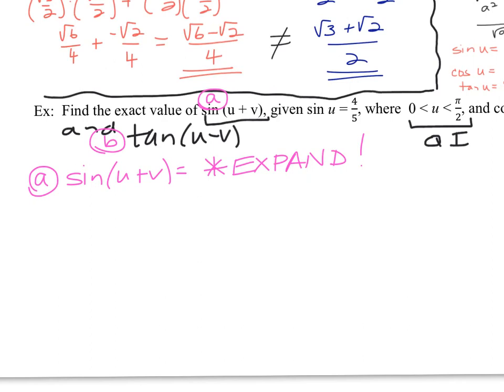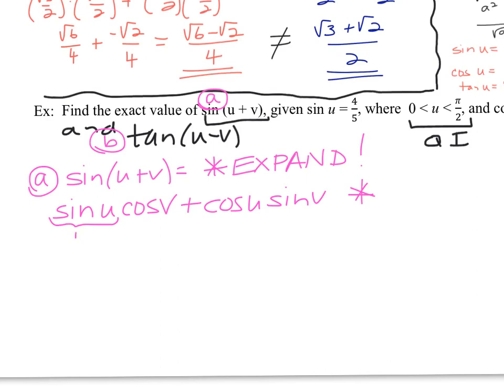Sine u plus v is the same as sine u times cosine v, and then plus cosine u and sine v. Make sure you write it in that form first, because then sine u, that whole thing is the fraction. U isn't the fraction, but the sine value is.